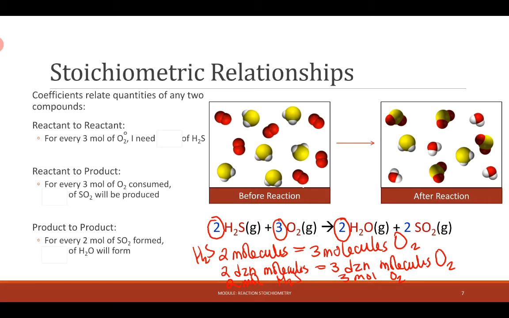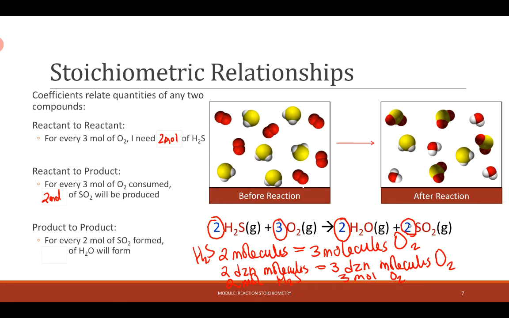So for every 3 moles of O2, you will need 2 moles of H2S. For every 3 moles of O2, you're going to be making 2 moles of SO2. We're just looking at these coefficients that have been circled in blue.